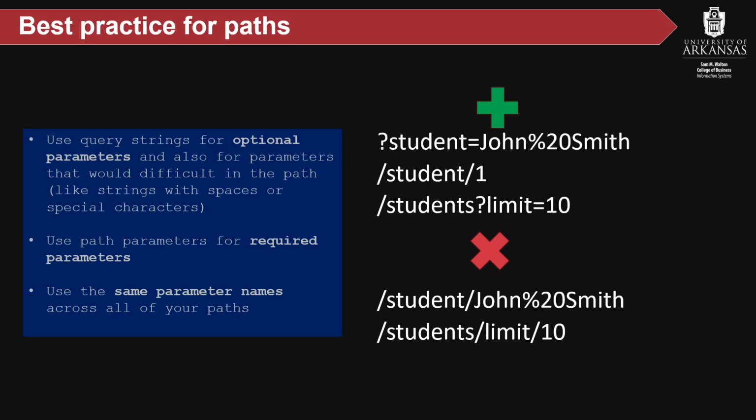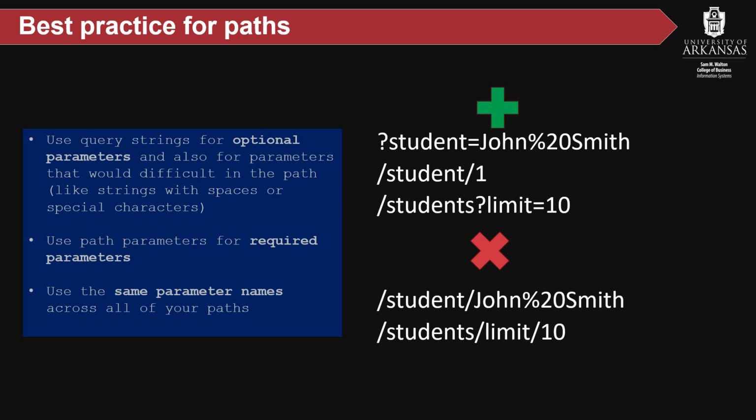Again, looking at the best practices for paths, here are a few examples that describe what to do and what not to do. The first example shows that we're going to use query parameters, student, and then John space Smith. We want to use a query parameter rather than the alternative where we would make it part of the path, student John %20 Smith.